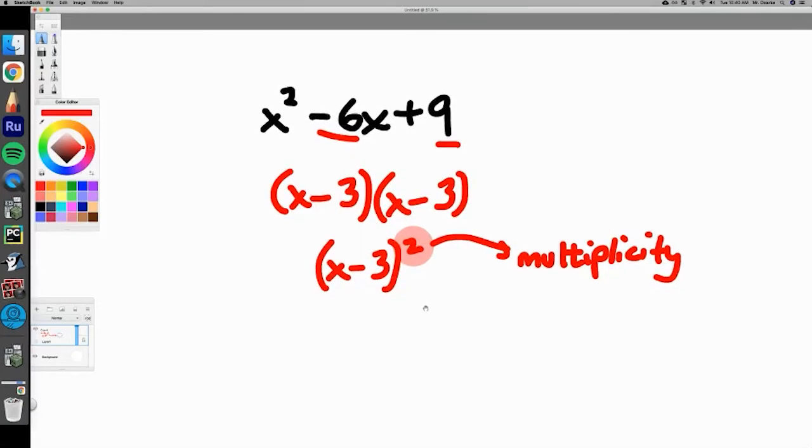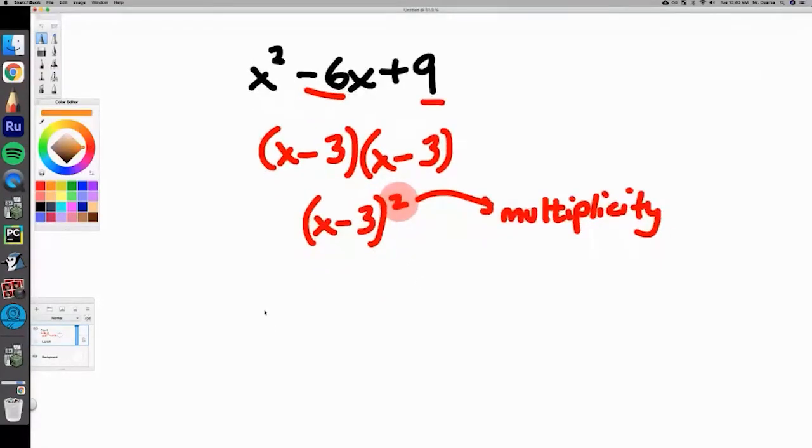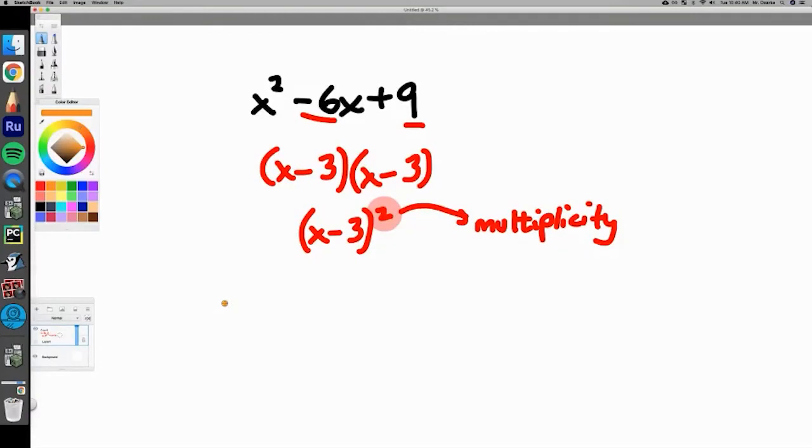Another way that you could solve this is using the quadratic formula. This is a review of the previous unit: negative b plus or minus the square root of b squared, which is 36, minus 4ac, and 4 times 1 times 9 is 36, all divided by 2a, which is 2 times 1.